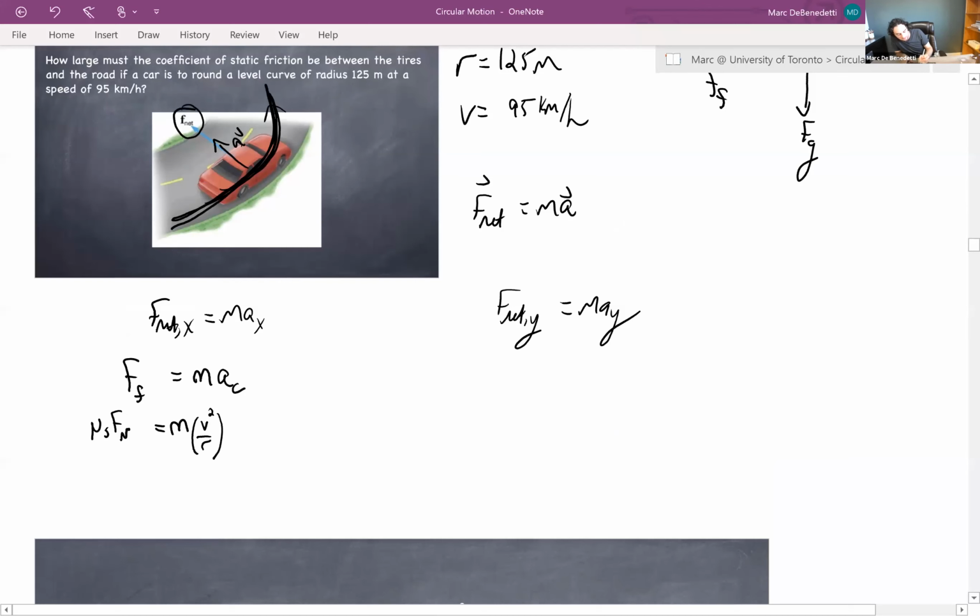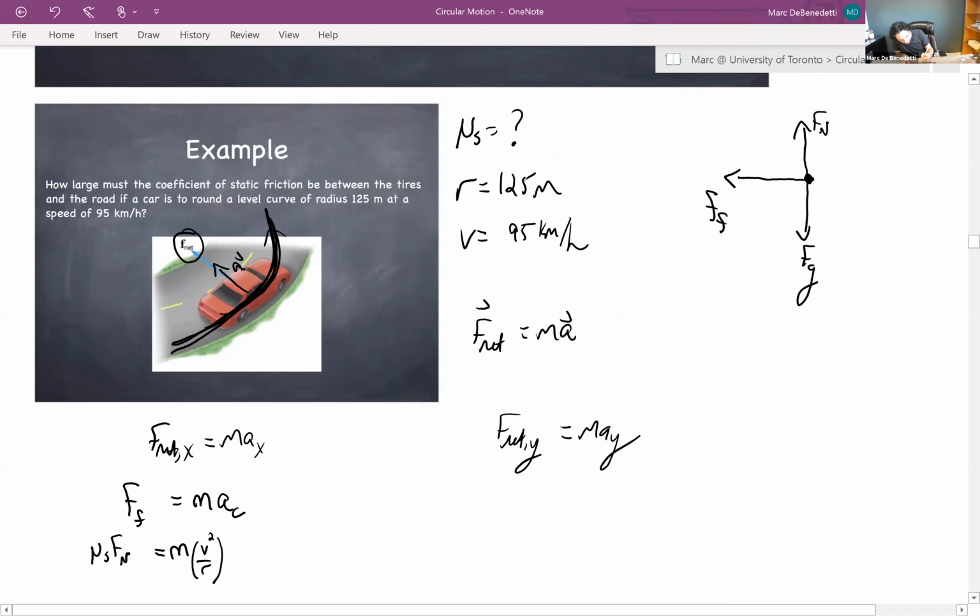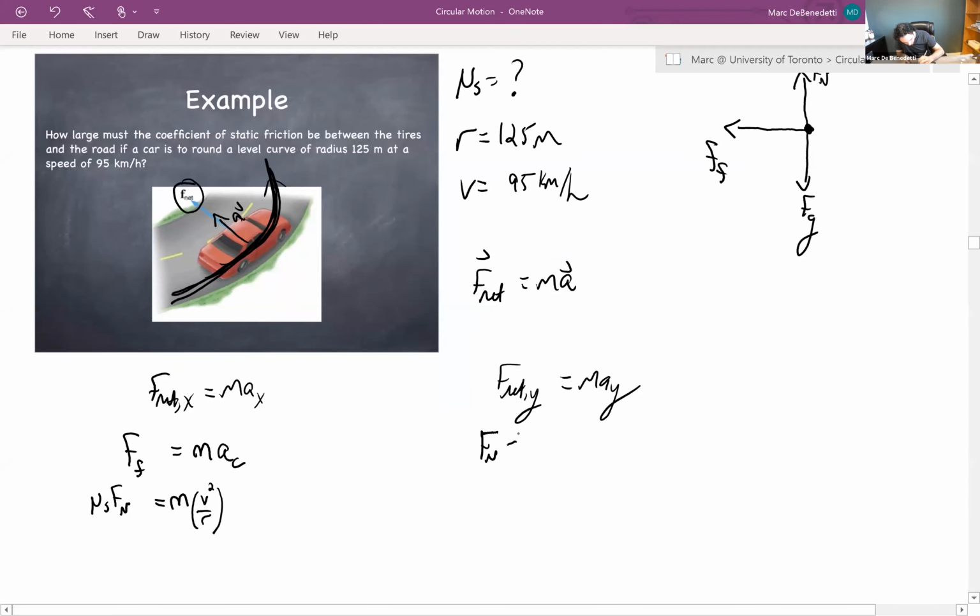So if we go to the y direction, F net in the y direction, let's see here. Looking at my free body diagram, I have how many forces? I've got what? Two forces. So I've got normal force upwards minus gravitational force downwards equals m times... And what's my acceleration in the y direction?